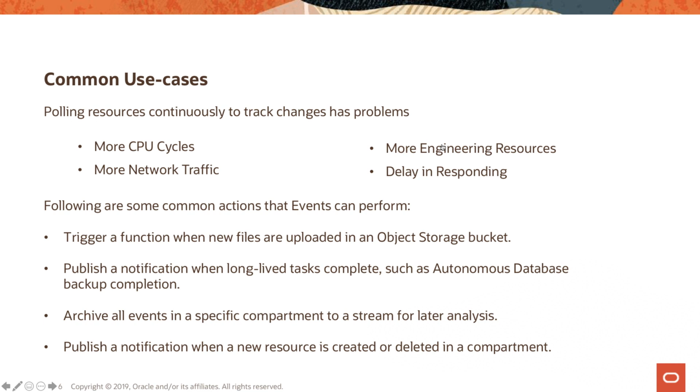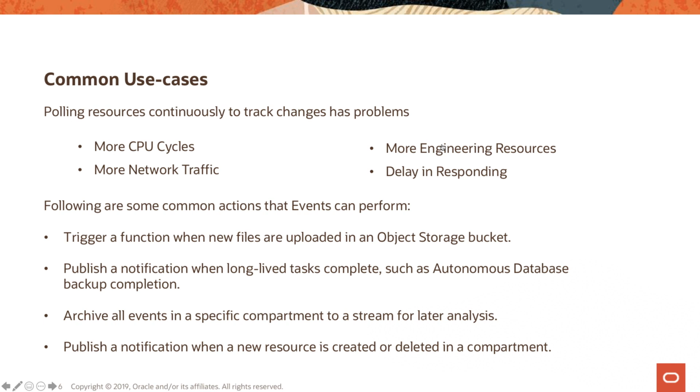So any pattern in which these features are important are a good target as a use case for the OCI event service. And let's look at a couple of examples, right, to make it real.